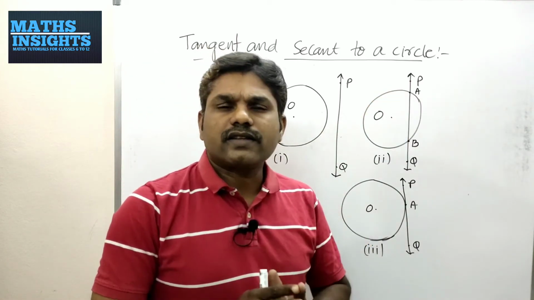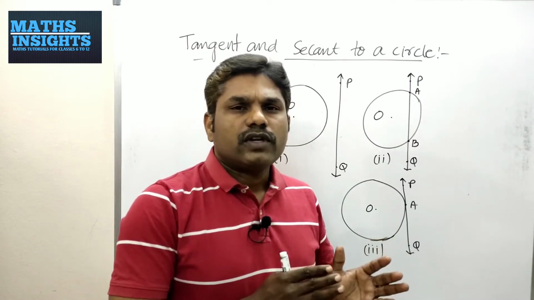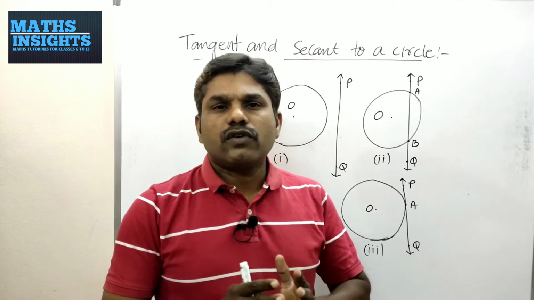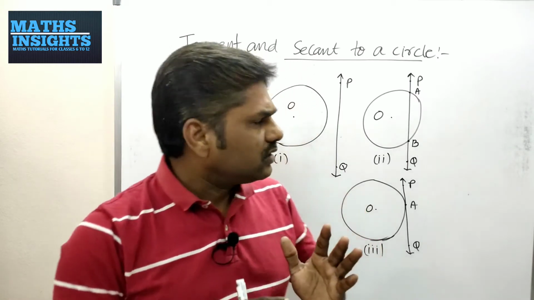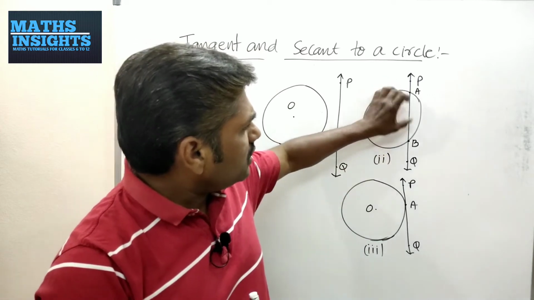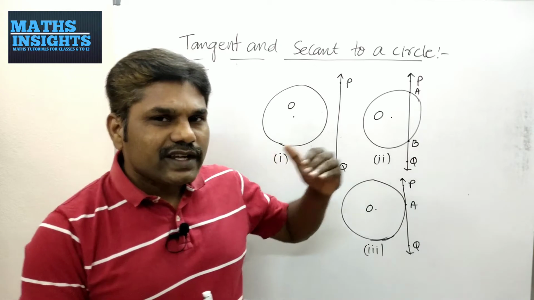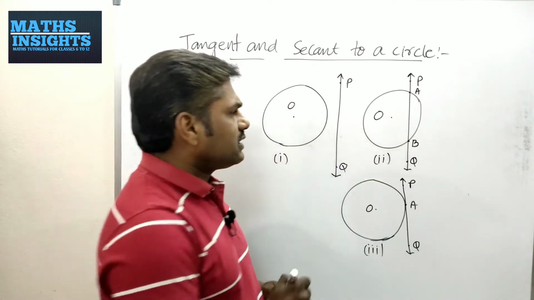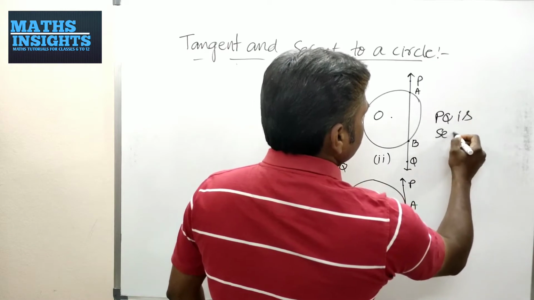I already discussed what is meant by a chord in the previous video. You may watch that video also for clear understanding of the chord. Now AB is chord and the line PQ is called secant of the circle. See, this PQ is secant.